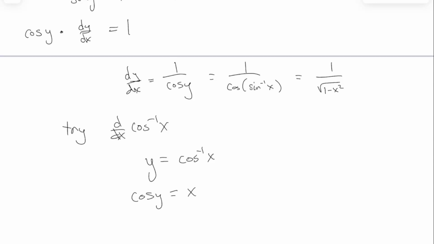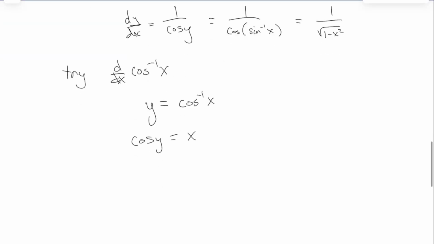All right, everybody looks good here. Let me just try this real quick. So you start with y equals inverse cosine, and then you rearrange it. Cosine y equals x. Take the derivative on both sides. This becomes minus sine y times dy dx equals 1. And then I solve for dy dx. Divide by minus sine y. So dy dx equals 1 over negative sine of y.